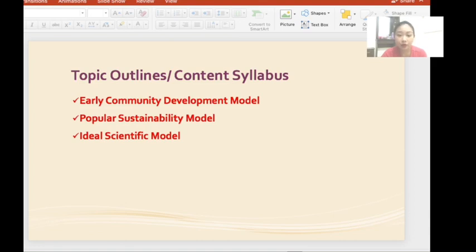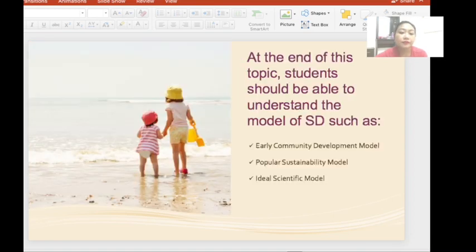So I hope you really pay more attention to the early community development model and the popular sustainability model. At the end of this topic, students should be able to understand the models of sustainable development, such as the early community development model, the popular sustainability model, and also the last one, the ideal scientific model.